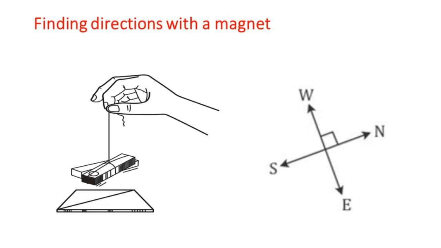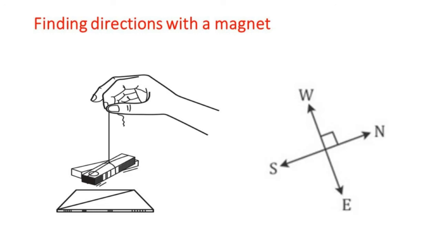Turn the magnet gently and let it come to a stop again. Repeat it 3 or 4 times. Does the bar magnet stop in the same direction each time? In which direction does the magnet stop every time?